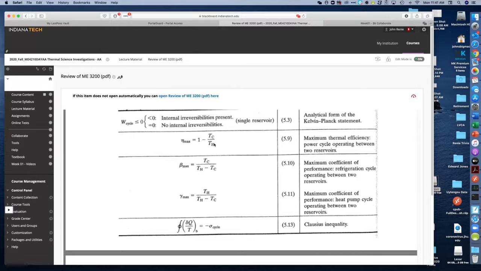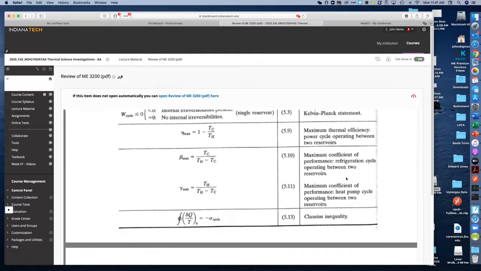And we know that the difference between those two heats is related to the work of the cycle. And if everything is done in a perfect fashion, where the work of the cycle is equal to zero, then we can say that the system is operating at its maximum thermodynamic efficiency. And it turns out that that is directly related to the temperatures of those two reservoirs.